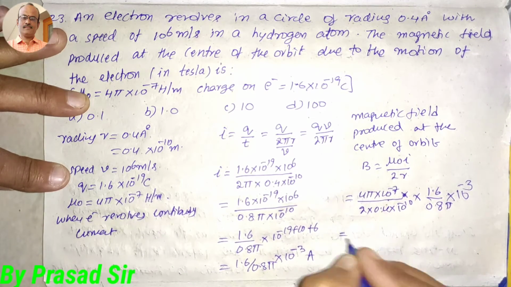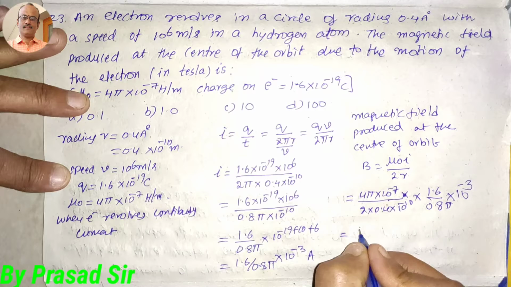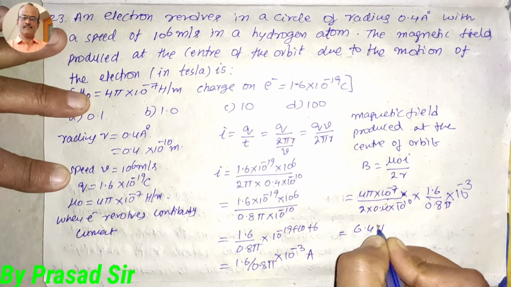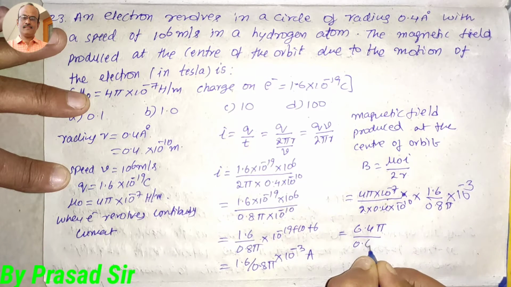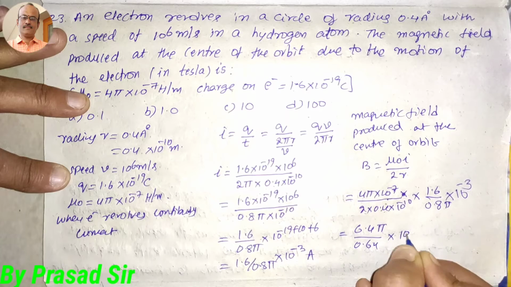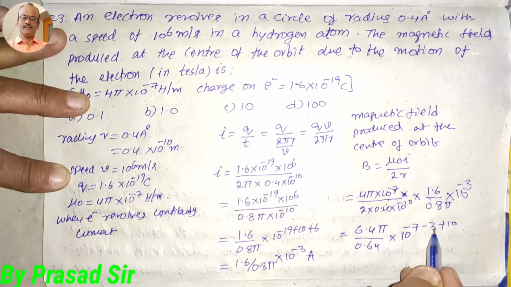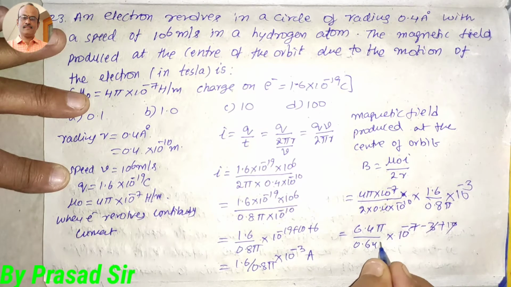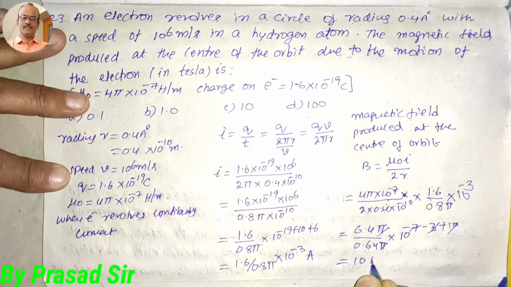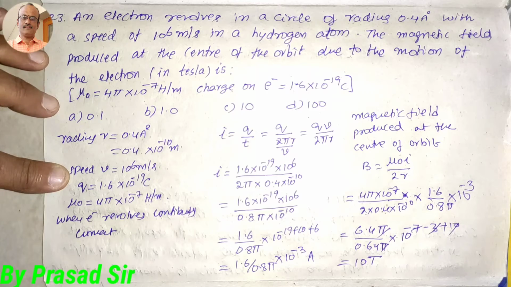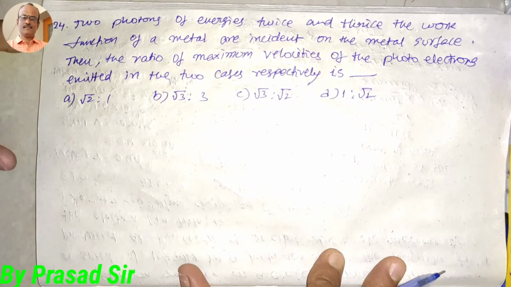Here I will take first 4 into 1.6, that is 6.4 pi, divided by 0.8 into 0.8, 0.64, into 10 to the power of minus 7 minus 3 plus 10. Pi cancels. 6.4 by 0.64 is nothing but 10 Tesla. So which option is correct here? Option C is correct.